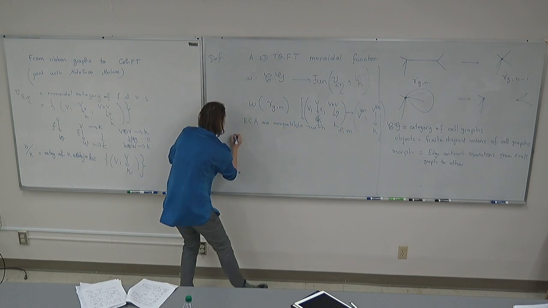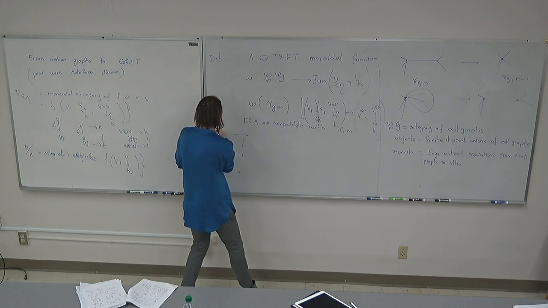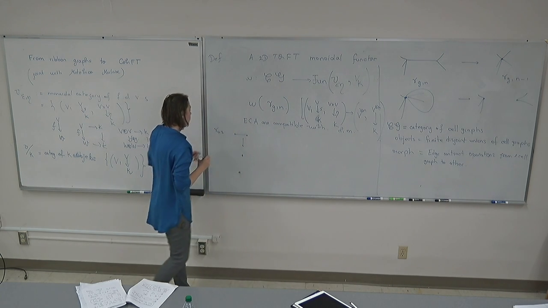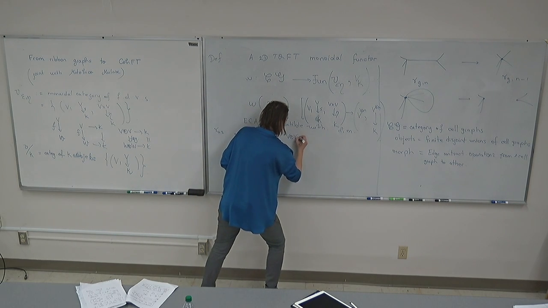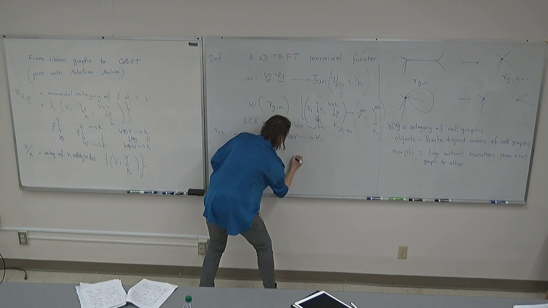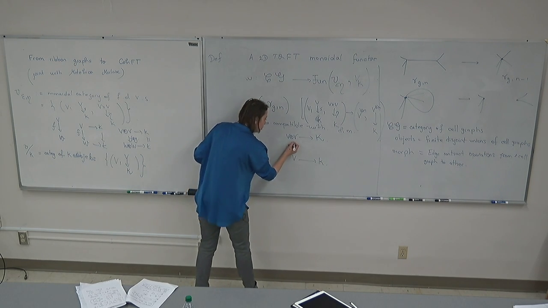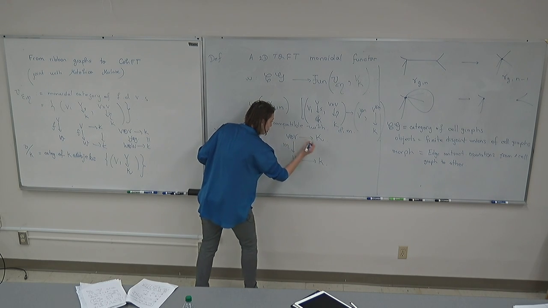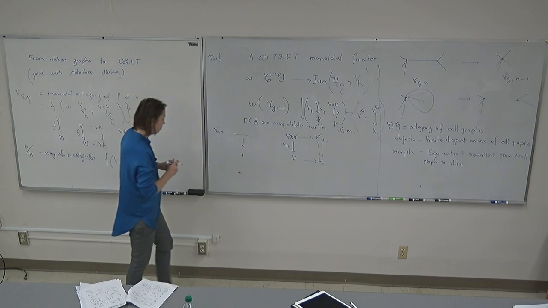I'm going to just do the basic examples. If this is a cell graph of genus 0 with 2 vertices, then this is going to give me a map from V tensor V to K, and this is going to give me a map from V to K. Then I will associate to this the multiplication, and I ask that this diagram is commutative.